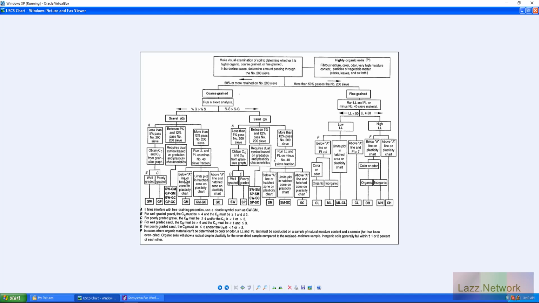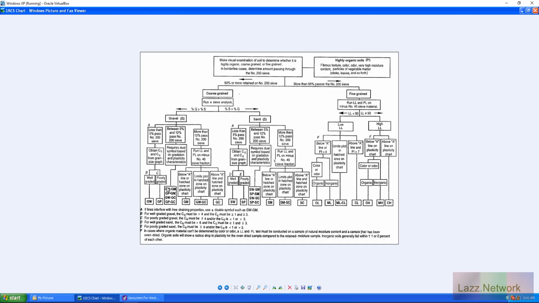So usually, if you do have something that's between 5 to 12% for your gravel, it's either silts, probably just dust when it comes to gravel, honestly, more so than anything. But so usually it's going to classify as either a GW-GM or a GP-GM.